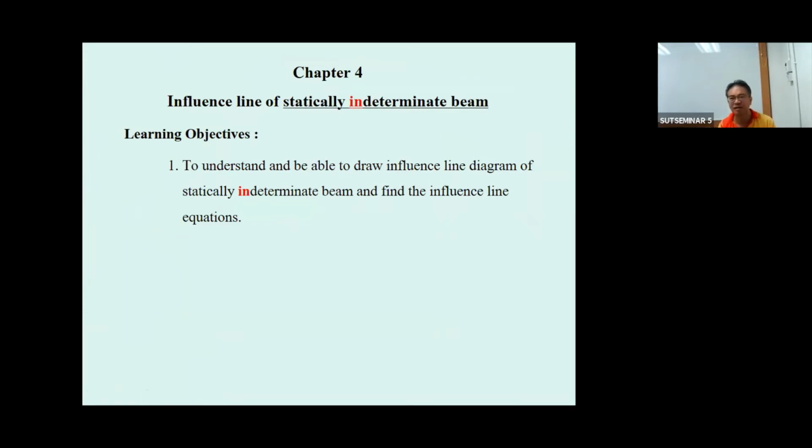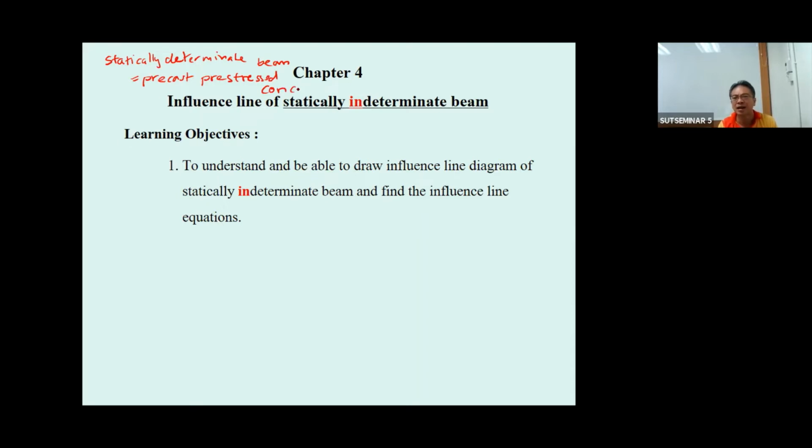When we study the subject of the influence line, we start with the influence line diagram of statically determinate structures, especially the beam, for example the pre-stressed concrete beam.